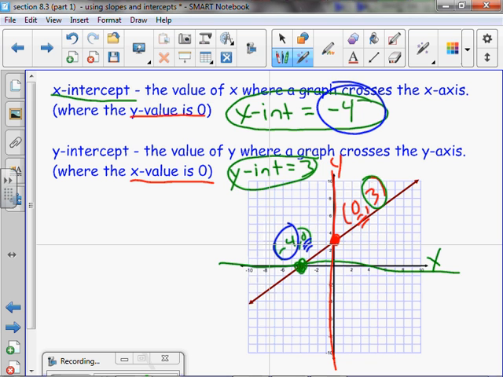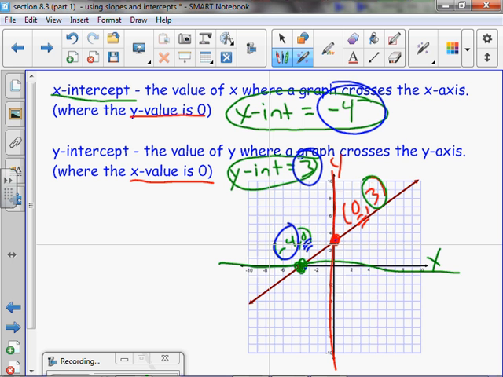And for y-intercept, it's the point on our graph where x is 0. And it's the value of y where x is 0. So we had 3. Okay? So all we're looking for is the point where the graph meets the x-axis and the y-axis, and those are going to be our intercepts.